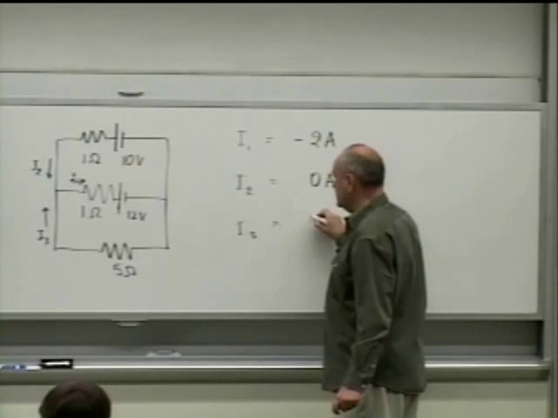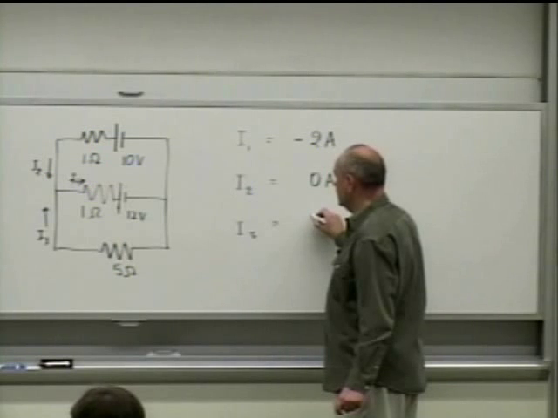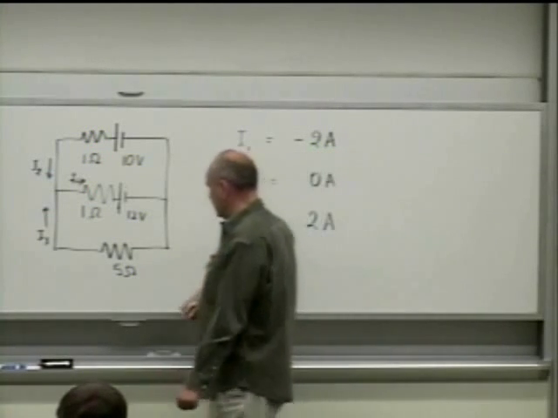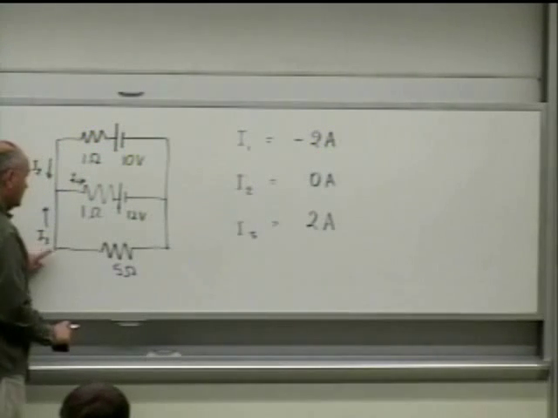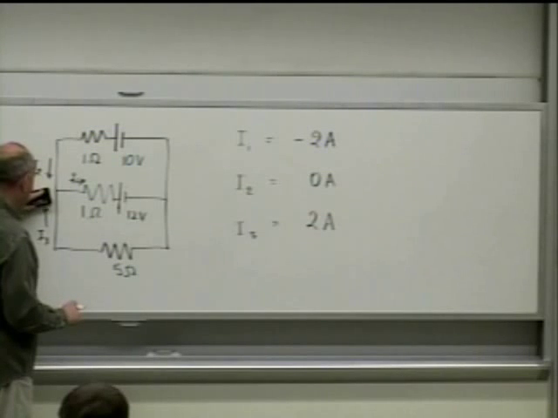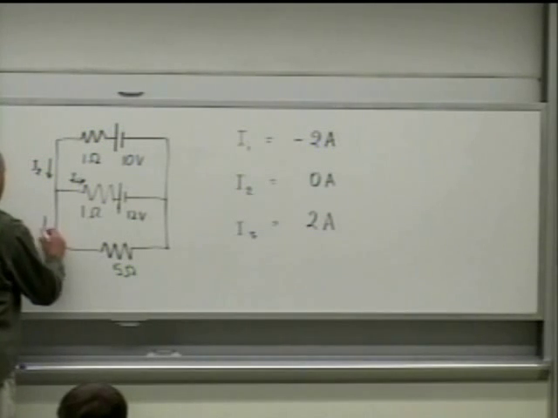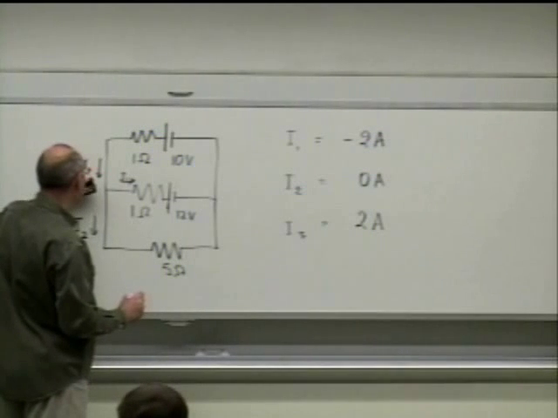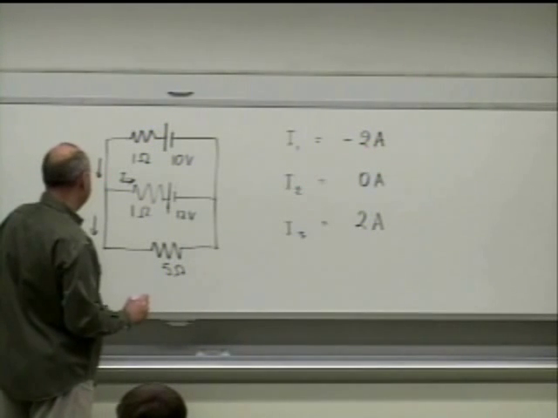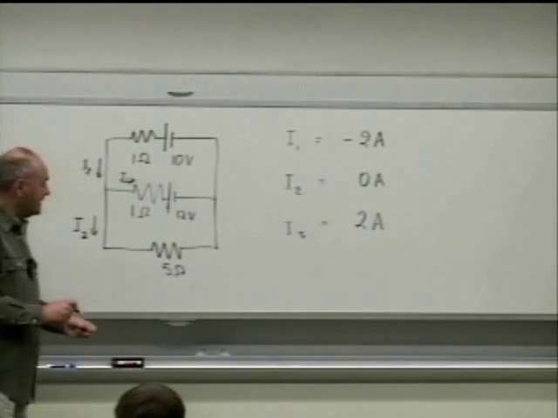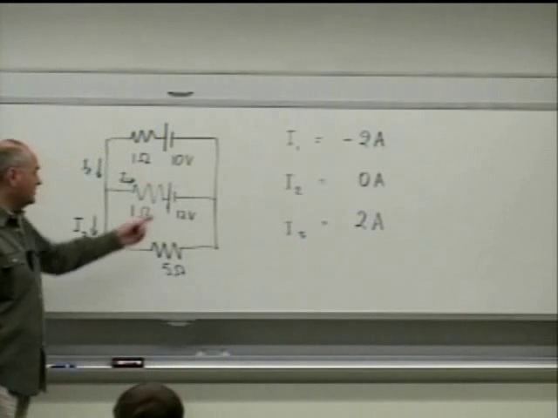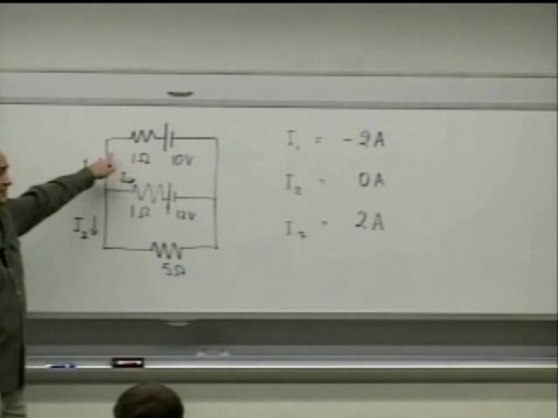And I3 positive 2 amperes, which means that actually this is inconsistent. So I think that this had to be that way. I2, all right. All right, so let's now analyze these answers, because these answers would correspond really to these arrows.